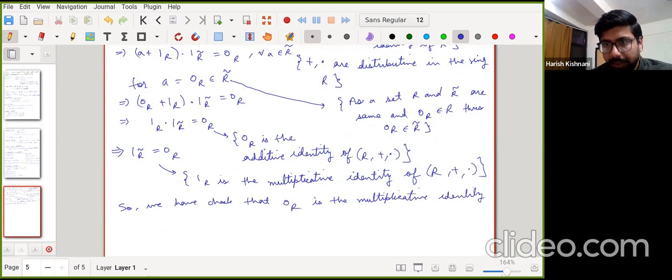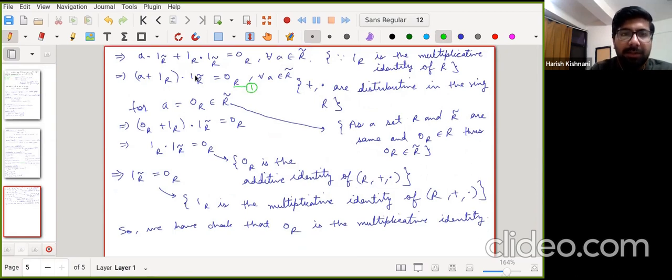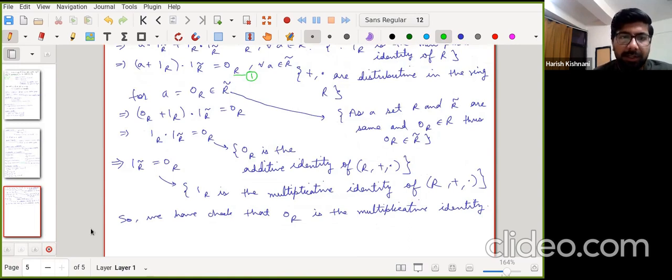So now at least we have some fixed choice, and let me just say this equation is equation 1. So we have something to put in this equation 1. Earlier we didn't even have a single choice to put here. Now in place of 1 R tilde, we can just put 0 of R and then see whether this works out or not.